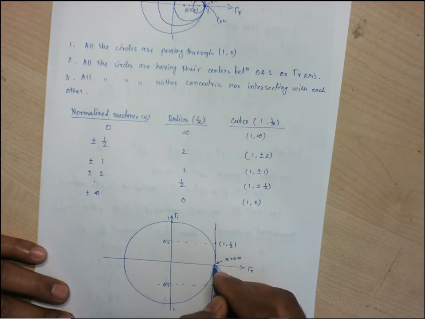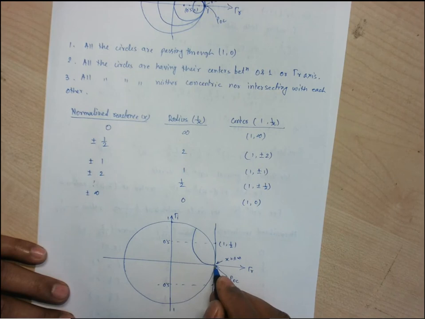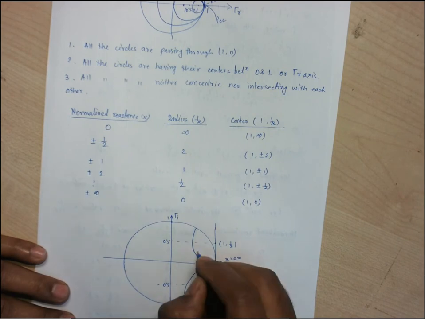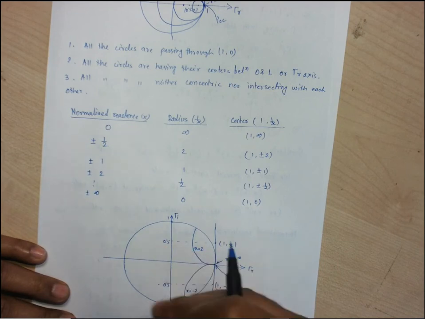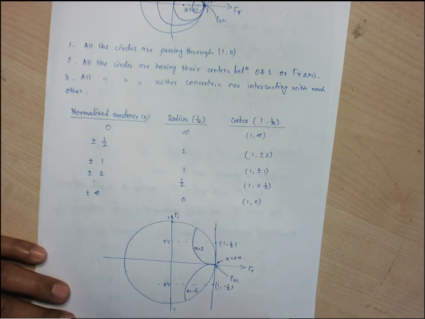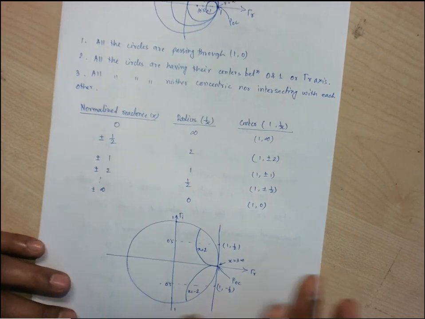So we can draw the circle like this, and like this. So this is for reactance x equals 2, and this is for x equals minus 2, two circles. We are not going beyond this unit circle because this is the maximum resistance of the transmission line.